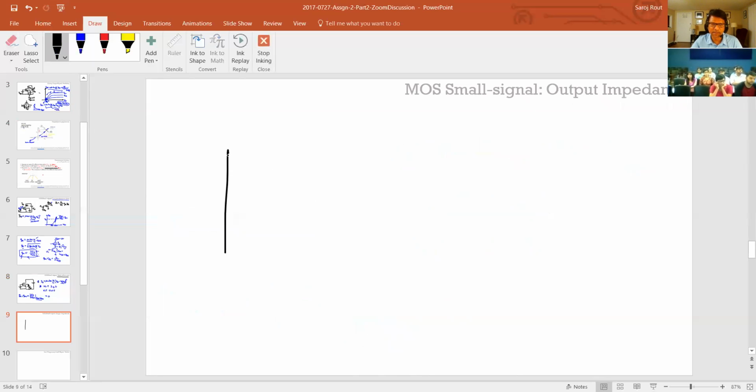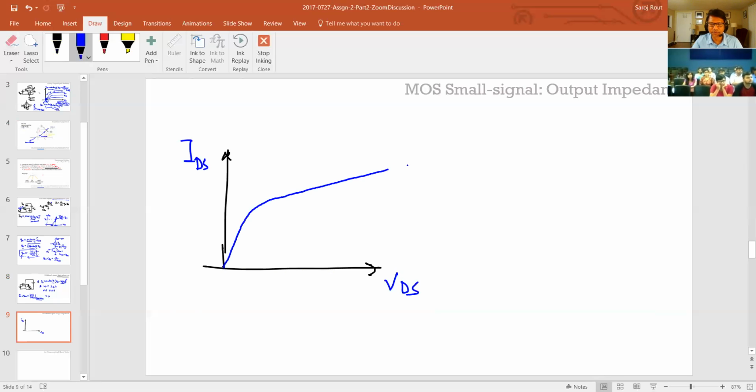So that's basically if I draw the drain current versus VDS, we draw this curve. I'm just exaggerating it. But the output impedance is really this slope here.